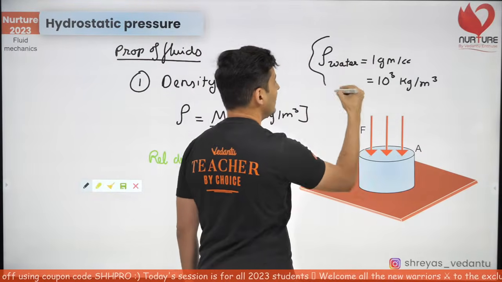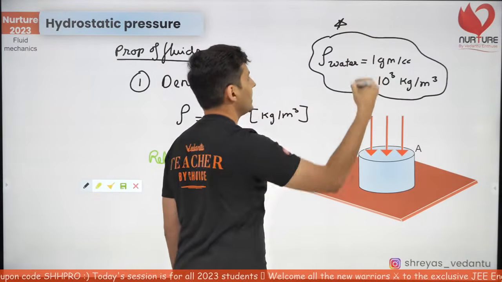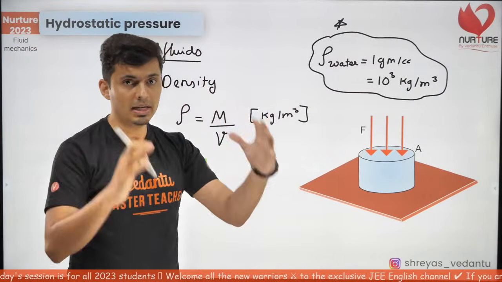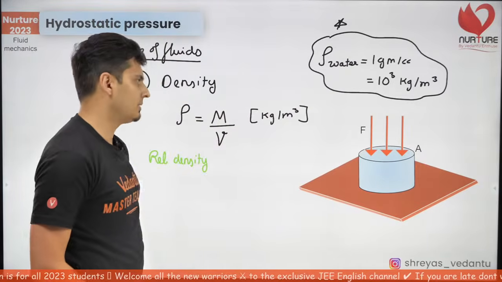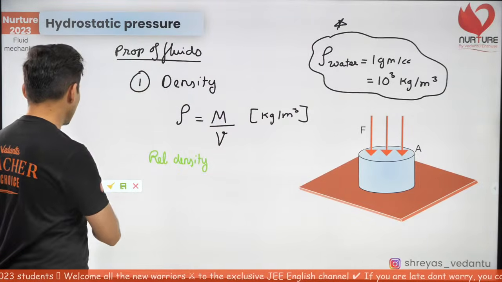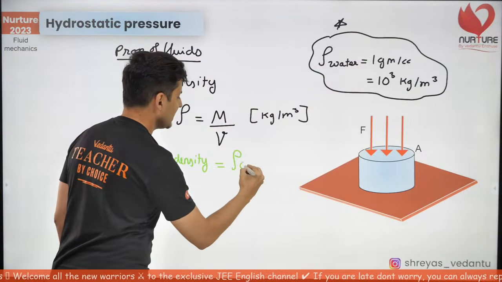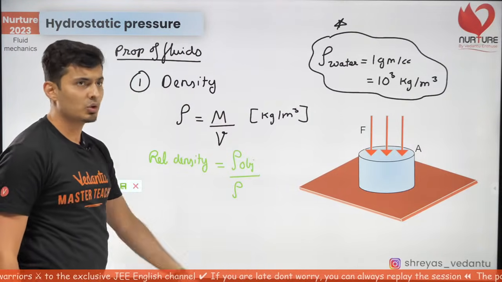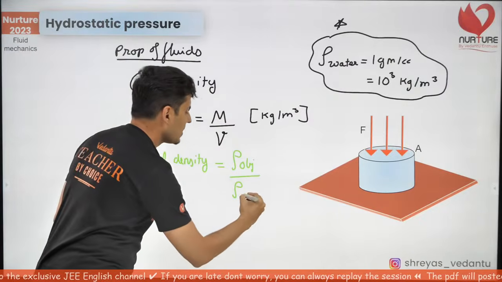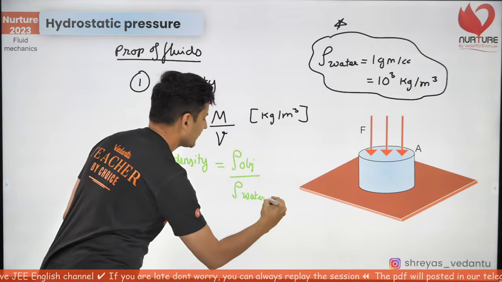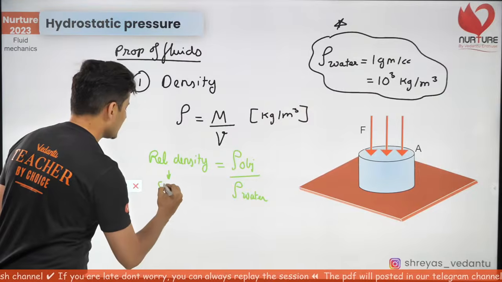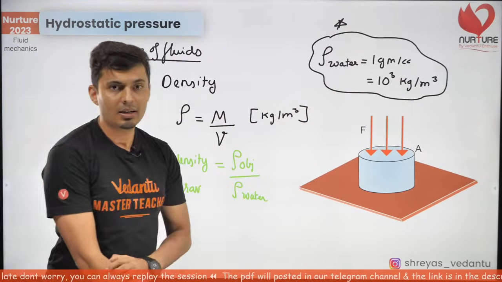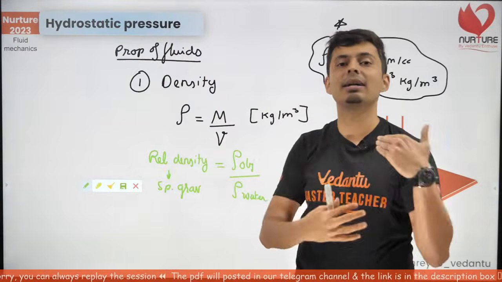This is a standard value which you should remember. Density of water is 1000 kg per meter cube or 1 gram per cc. So relative density is nothing but density of that object upon density of the standard material that we usually choose, and that is basically water. Sometimes it is also called specific gravity. So specific gravity talks about relative density.